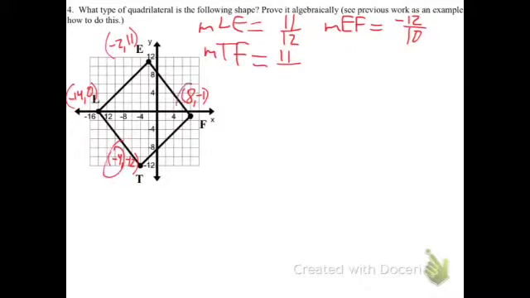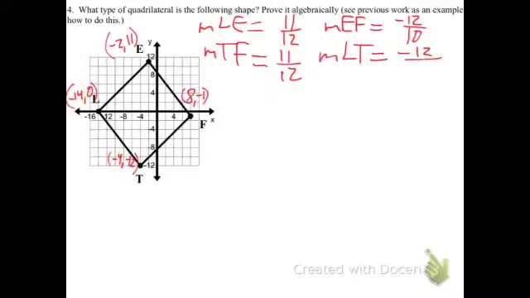And from negative 4 to 8 is a run of 12. That one's pretty quick. And I need to get from L to T. L has a y value of 0, and then you go to negative 12, so that's a rise of negative 12.